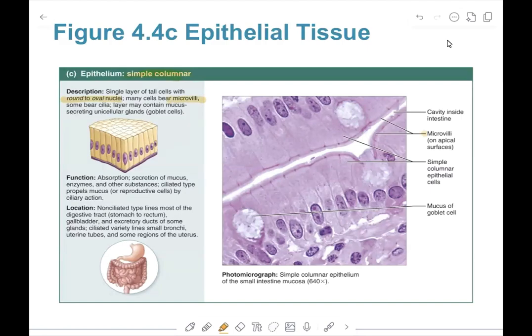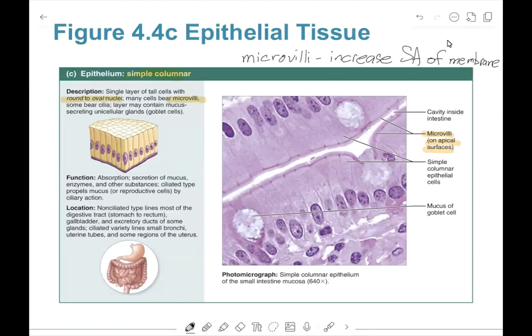The microvilli are an important part of the cell that you should know, and their function is that they increase the surface area of the membrane.